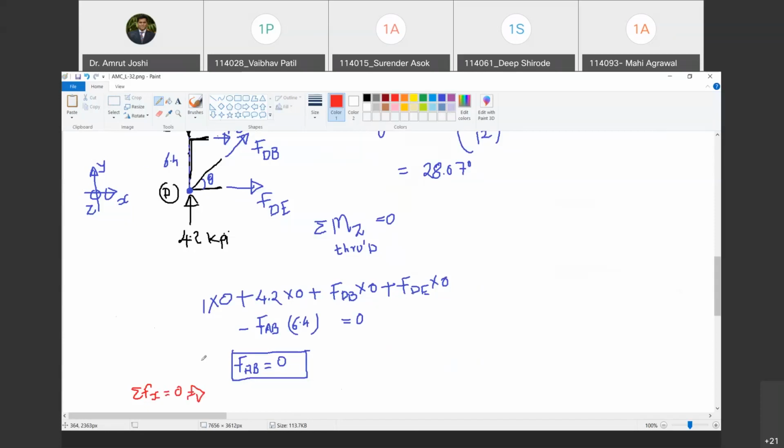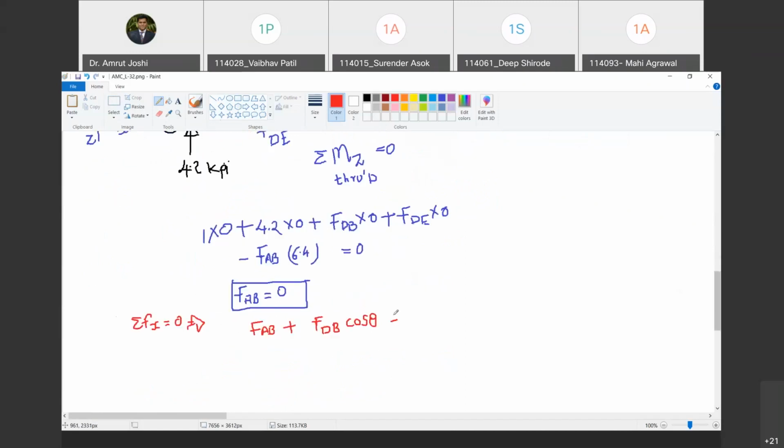Sir, FAB plus FDB sin theta, plus FDB sin... Oh, this is the horizontal component, so cos theta, the angle between them being theta. Are you with me? Yes, sir. So FAB plus FDB cos theta, plus FDE is equal to 0.